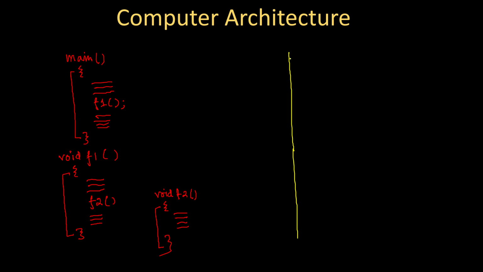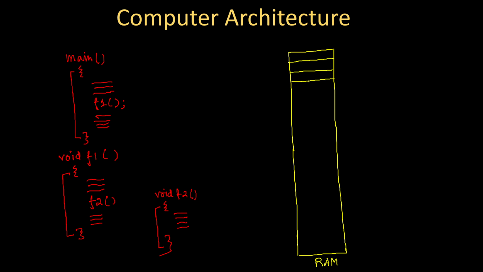Suppose this is your RAM. We all know that RAM is basically an array of memory locations. This is your RAM, and you have a lot of memory locations present over here, right?